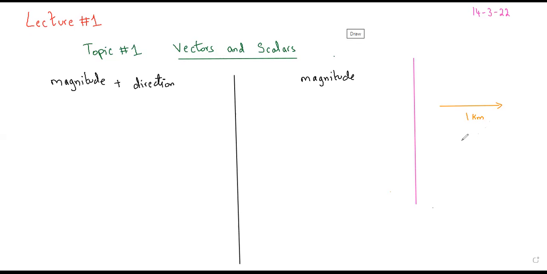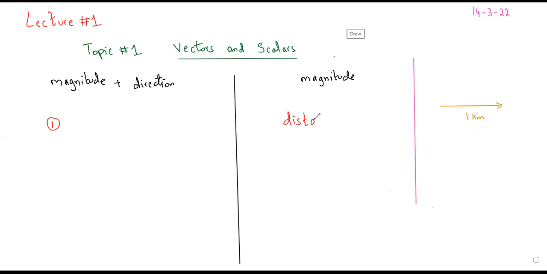So in mechanics, we have most of the quantities as vectors as well, right? For example, if I talk about some of the examples, let's say distance, okay?